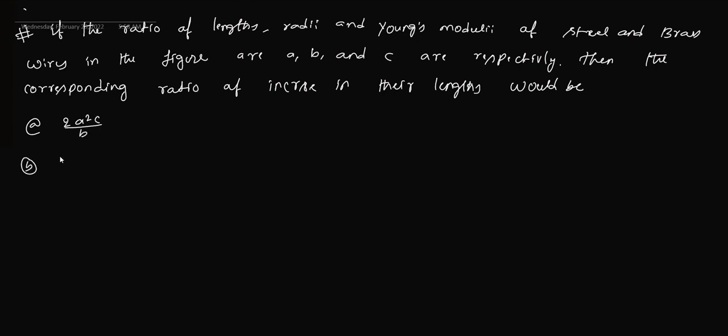Option B, 3a by 2b square c. Option C, 2ac by b square. Option D, 3c by 2ab square.